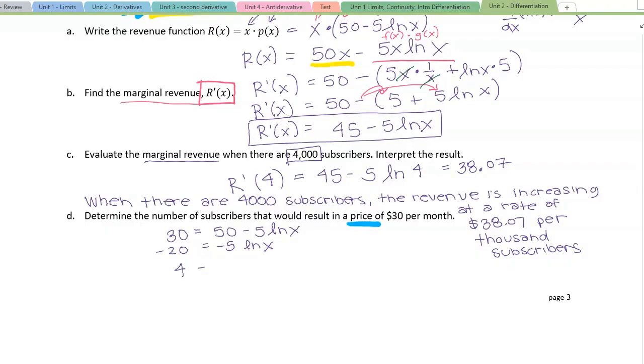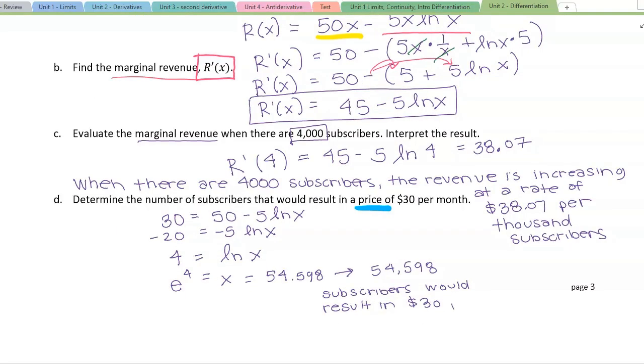So I get 4 equals natural log X. And using the rules of natural log and e, I get e to the 4th equals X. This is going to equal 54.598 thousand. So that translates into 54,598 subscribers would result in $30 per month. There you go.